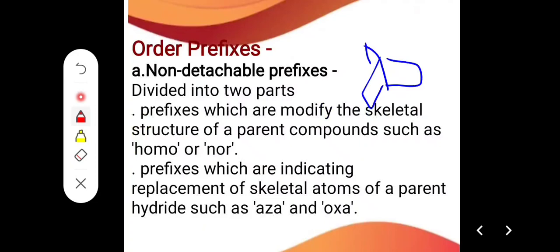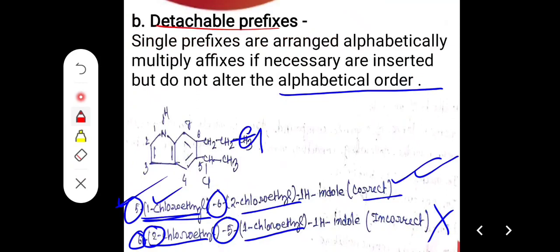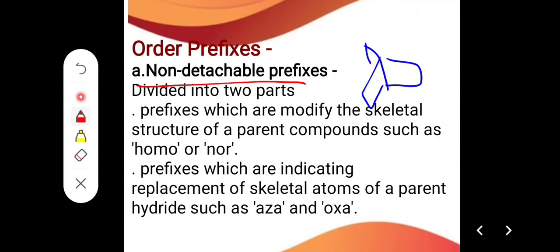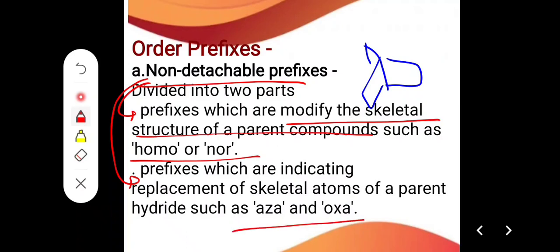Now the other prefixes, the order of prefixes. There are two types: one is non-detachable, another is detachable. Non-detachable are basically of two types. One is used for homo and nor for modification of the skeletal structure of the parent compound, and the other is used only as oxa, thia, phospha to denote the replacement of skeletal atoms.